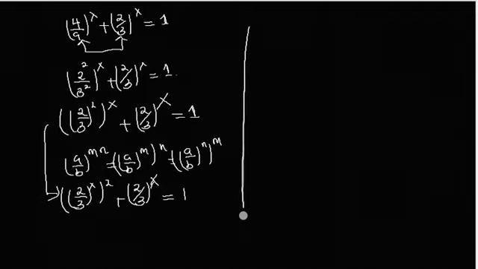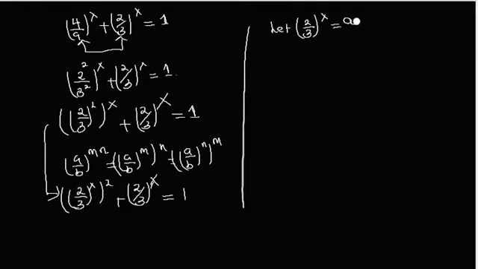We can see now we have a common factor, 2 over 3 to the power of x, and so we want to let 2 over 3 to the power of x be equal to another unknown, say a.